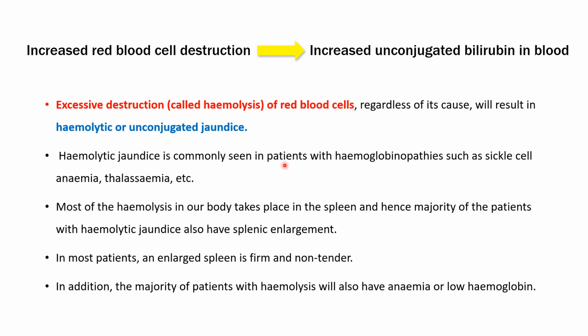Hemolytic jaundice is commonly seen in patients with hemoglobinopathy such as sickle cell anemia, thalassemia, etc. Most of the hemolysis in our body takes place in the spleen, and hence the majority of patients with hemolytic jaundice also have splenic enlargement. In most patients, an enlarged spleen is firm and non-tender. In addition, the majority of patients with hemolysis will also have anemia or low hemoglobin.